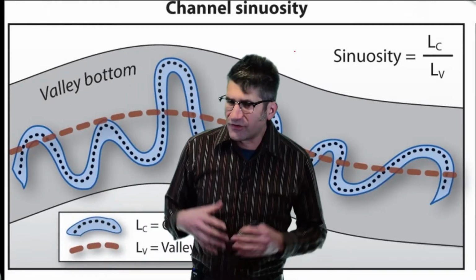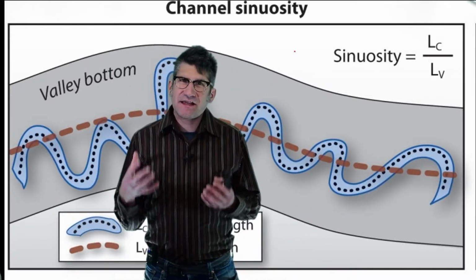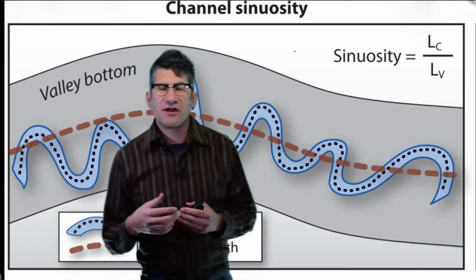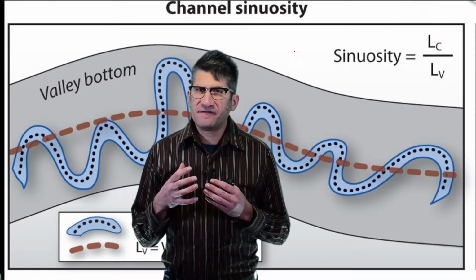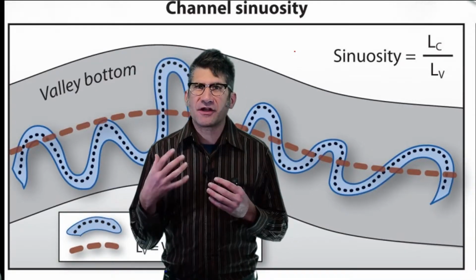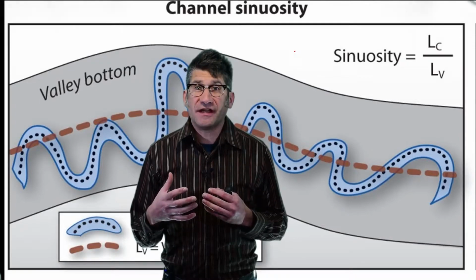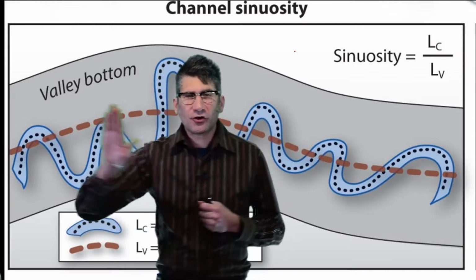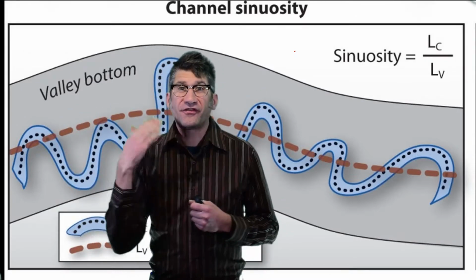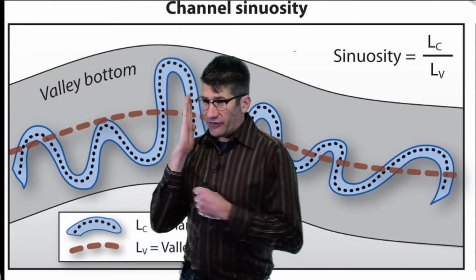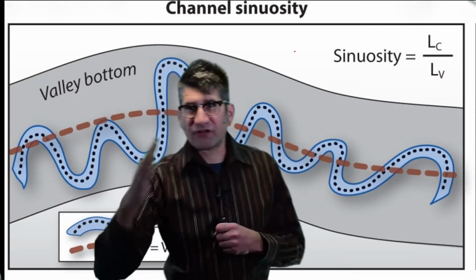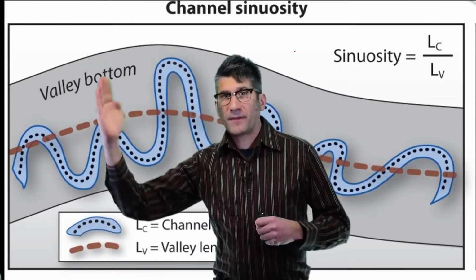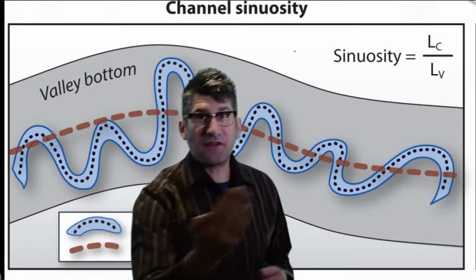When we start to quantify and characterize the morphology of the channel, one of the first variables we have to understand is something called channel sinuosity. Channel sinuosity is essentially a measure of how curvy the channel is. Is that channel very straight, or is that channel highly curved as it goes back and forth down the valley floor?